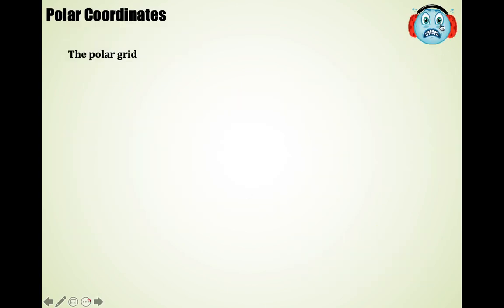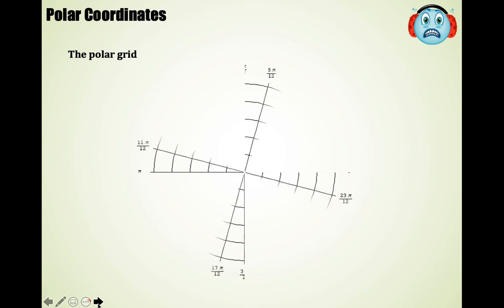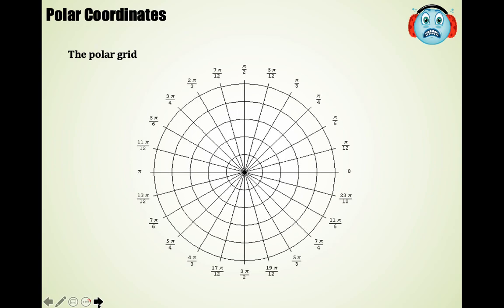Oh, look at my polar. When people say polar coordinates to me, I think about the North and South Pole and being super cold. So the polar grid, or the polar graph, looks like that. Whoa! Check that out.